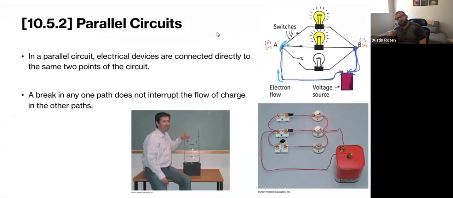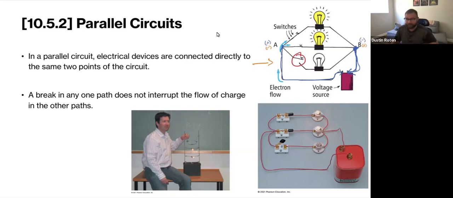So now that we know these are in parallel, what does that mean? Because clearly, if one of these light bulbs goes out or stops working, as you can see here, this light bulb has an open path because the switch is open. That light bulb turned off, but the other ones still actually burn. So why is that?